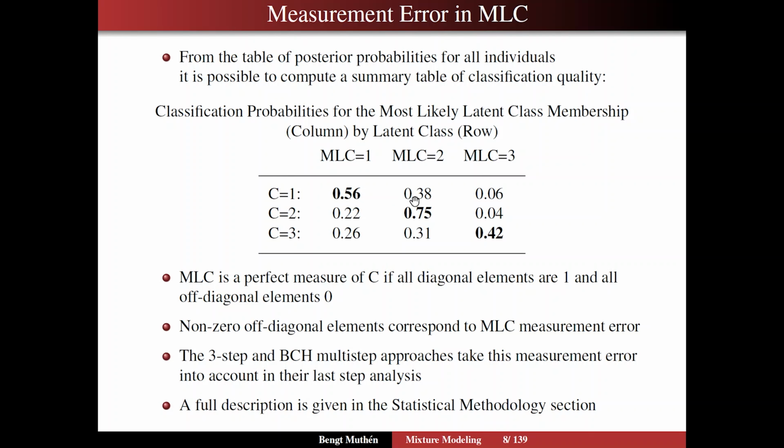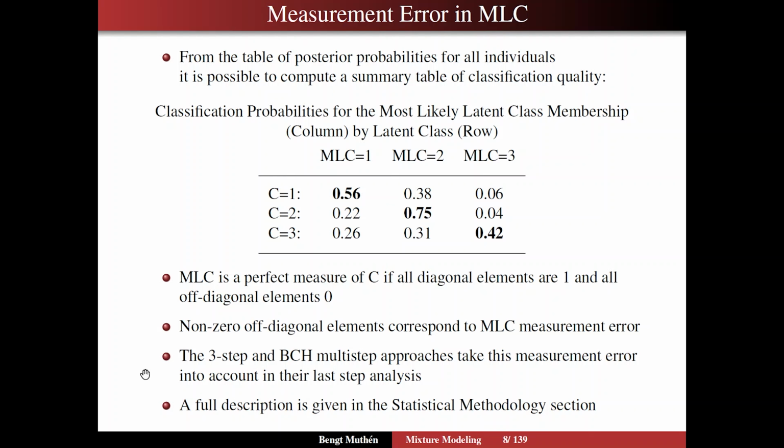We have measurement error in the sense that you could be misclassified as a category 2 person with probability 0.38, and as a category 3 person with probability 0.06. So, just repeating, MLC is a perfect measure of C if all diagonal elements are 1 and all off-diagonal elements are 0, and non-zero off-diagonal elements correspond to MLC measurement error.